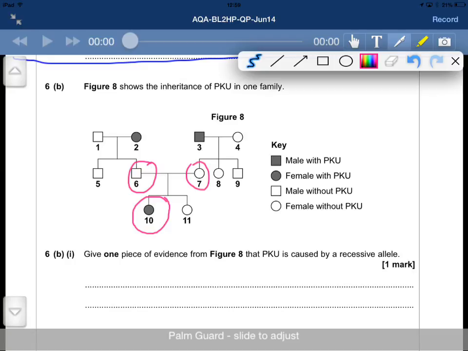So in this case, as I mentioned in my first video, they have to be big N, small n.